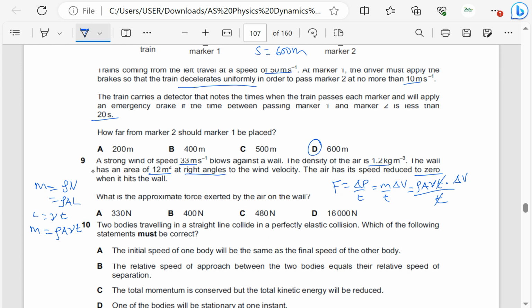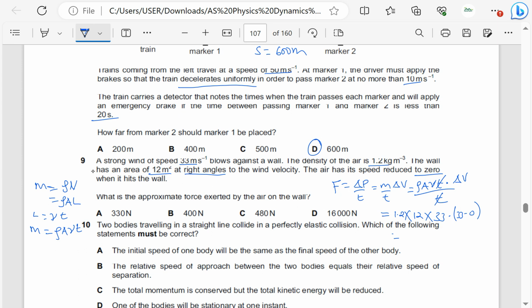So we now substitute to find the force. This is going to be the density, which is 1.2, times cross-sectional area, which is 12, times speed, which is 33, times change in speed, which is 33 minus 0.